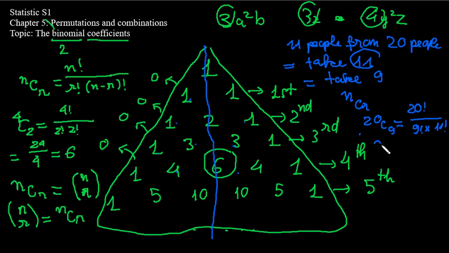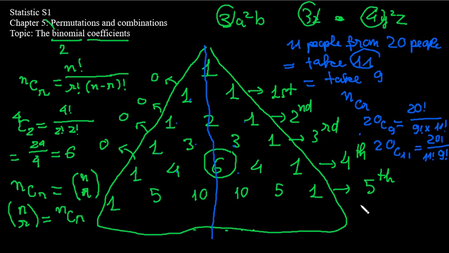And here we choose 11 people that we want to use, equal to 20 factorial over 11 factorial times 20 minus 11, which is 9 factorial. So these two are the same. So here we can see that it is symmetrical.